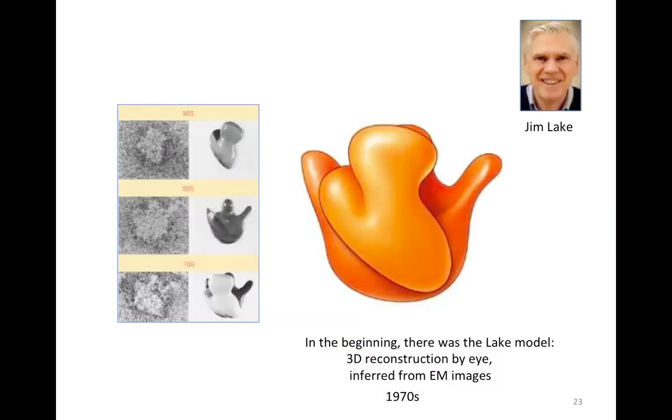Well, there was Jim Lake. Jim Lake had looked at thousands of images of ribosomes, and he did what I would call tomography in his mind, just by looking at all these different views and also tilting the specimen and observing what he saw.